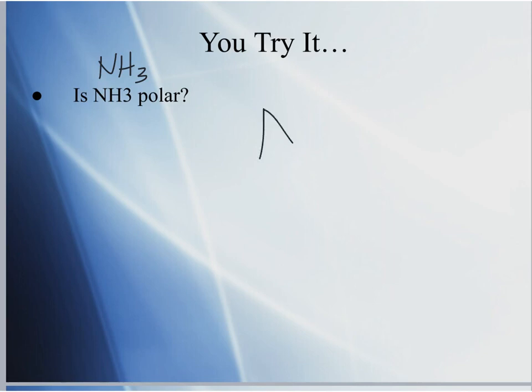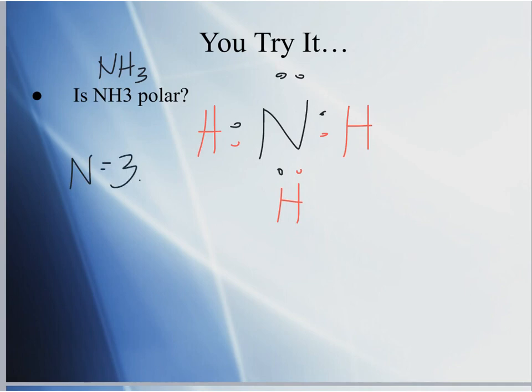So for NH3, we've got nitrogen, which has 5 valence electrons, and it's going to be sharing those lonely electrons with hydrogen's lonely electrons to make covalent bonds here. Now, if we take a look at the electronegativity difference, nitrogen is 3.0, hydrogen is 2.1.